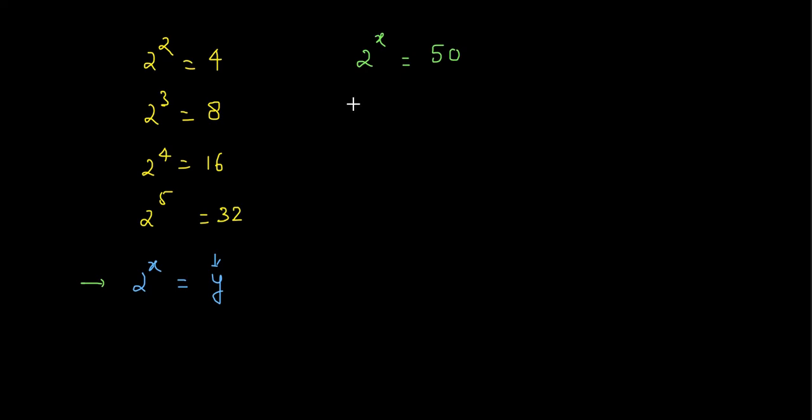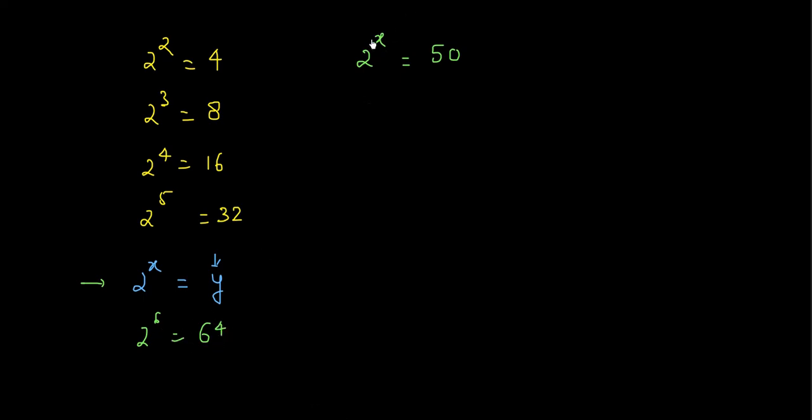Why? Because 2 raised to power 6 is 64, but I have the value 50, which is between 32 and 64. That means 2 raised to power 5 is 32, which is less than 50, and 2 raised to power 6 is 64, which is greater than 50.